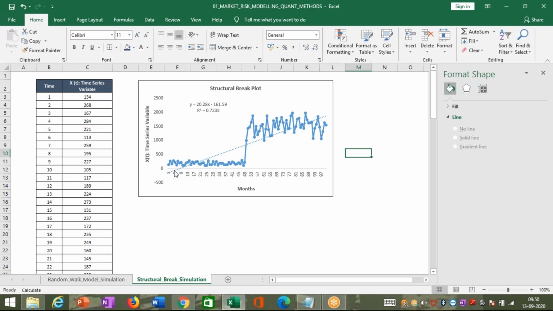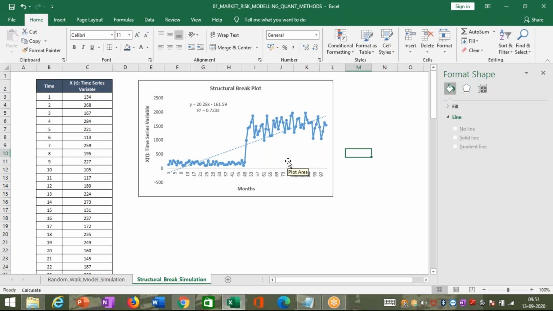Now look, this linear trend line has a very typical property. The property that this linear trend line has is that it is more closely approximating these higher end values than these lower end values, as you can clearly see. So it is more closer to these higher end values, right? So obviously the linear trend of the time series gets influenced by the high end values, right?